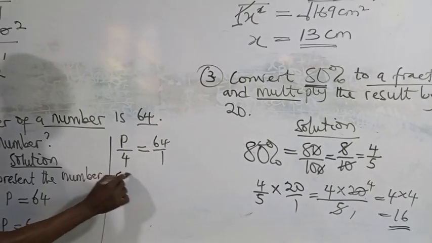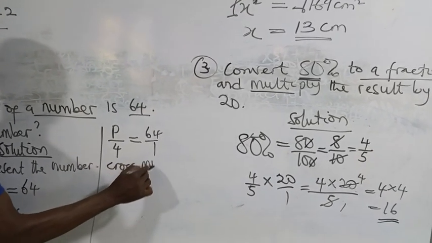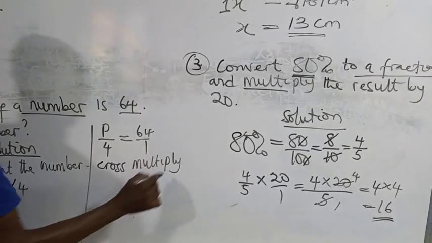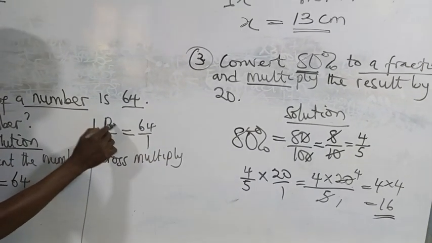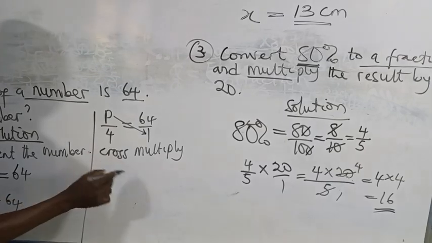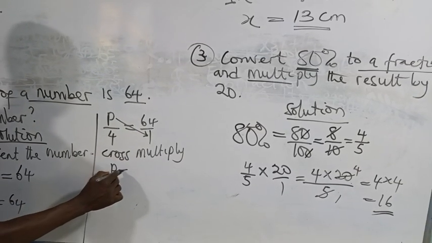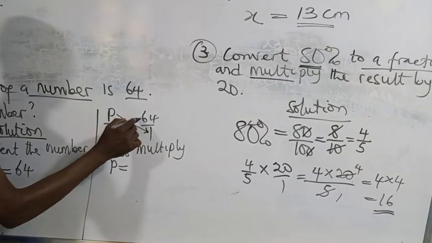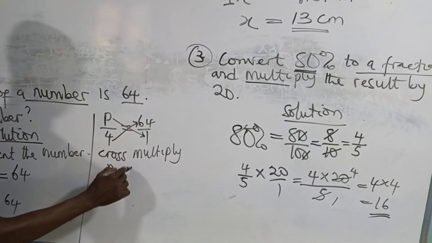So here you cross multiply. When you cross multiply, P multiplied by 1 is P, and that is equal to 4 times 64.